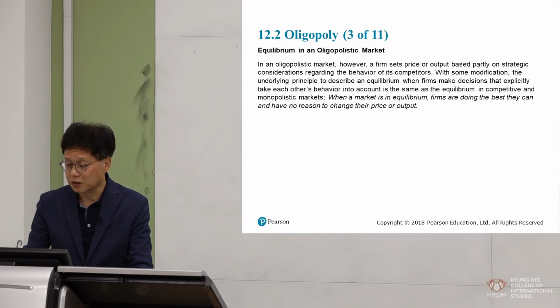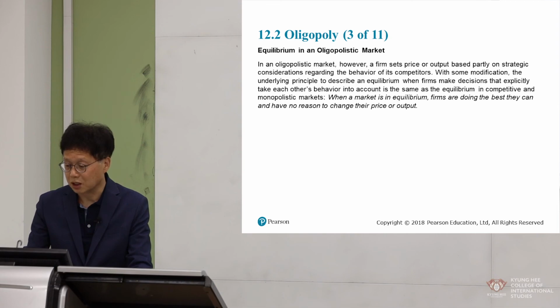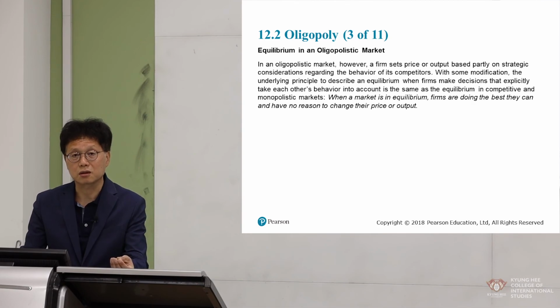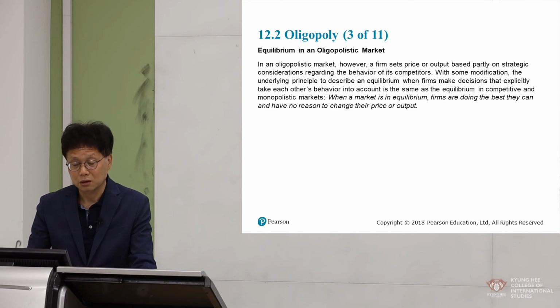With some modification, the underlying principle to describe an equilibrium when firms make decisions that explicitly take each other's behavior into account is the same as the equilibrium in competitive and monopolistic markets. The only difference is the strategic action or consideration of competitors' behavior. Okay? When a market is in equilibrium, firms are doing the best they can and have no reason to change their price or output.